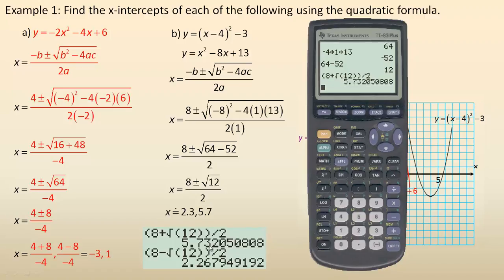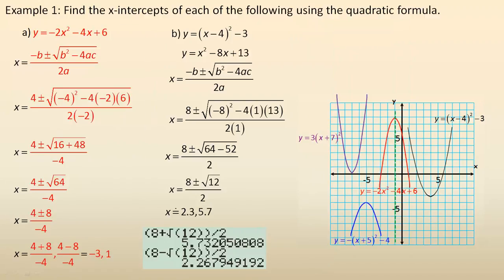So that's where my 5.73 number comes from. And then I want to do the minus 1, so I'll go back and edit and just change this to a subtraction sign. And that's where the 2.2679, etc. comes from. So that's two calculations, and it looks okay. So it looks okay about 2.3. See, that's 1, that's 2, so 2.3 there. And about 5.7, see, that's 5, that's 6, it's a little bit less than that, so 5.7 seems very reasonable.